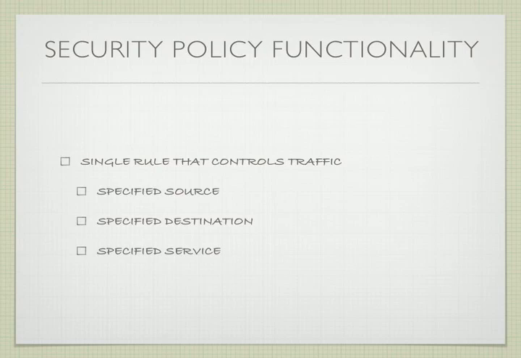The basic functionality of a security policy is a single rule. Each policy is a single rule to control traffic. Those rules are going to be based on source, destination, and service. So we are essentially talking about IP addresses and ports that are being controlled.